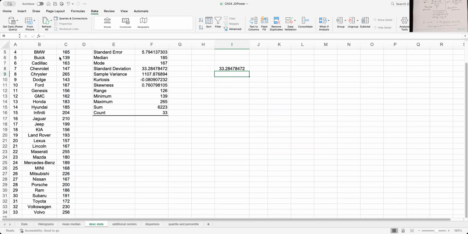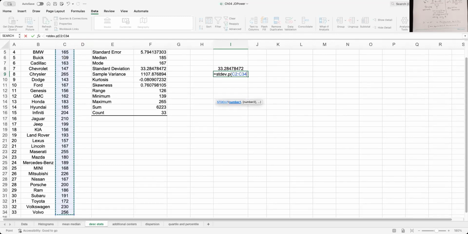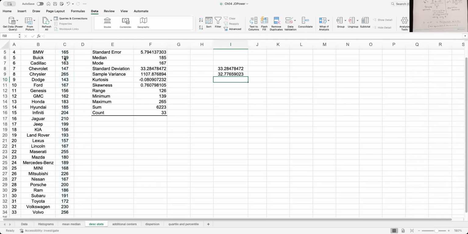If these were all the cars in the universe, then I could do the standard deviation for a population, .P, give it the same data, and get an ever so slightly smaller number. The smaller because we're dividing by a larger thing.